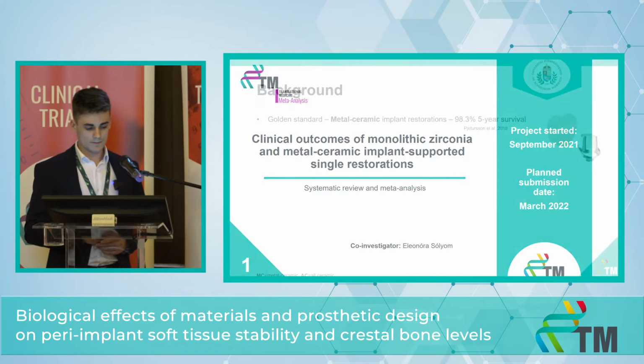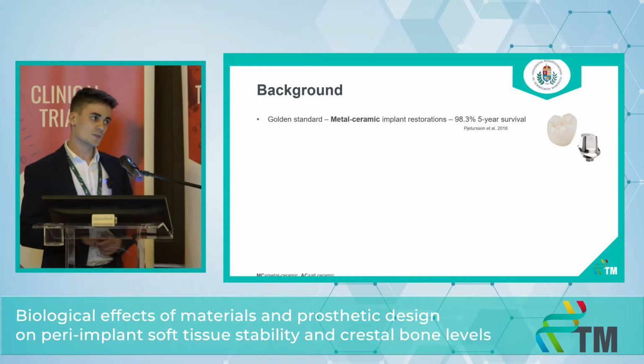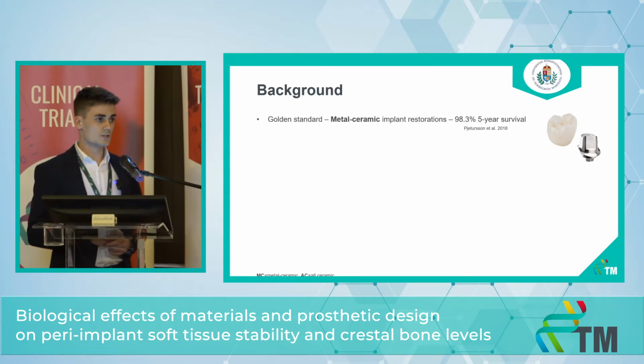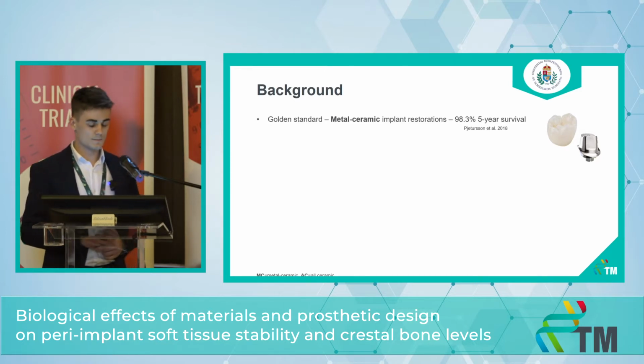the comparison of them. So for many years now, in prosthodontics, the golden standard restoration material is metal ceramics. They have an excellent survival rate over a long-term period, as we can see, as implant restorations.